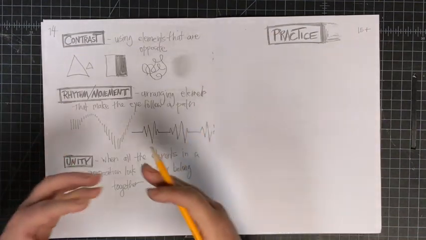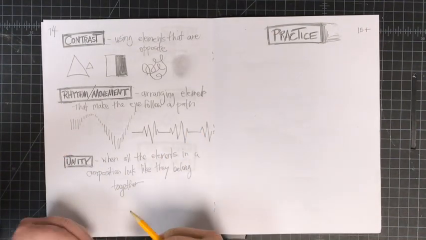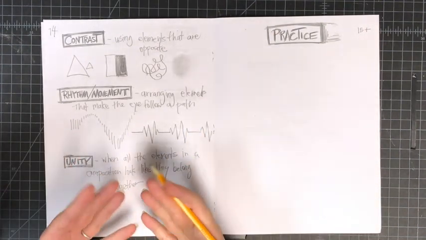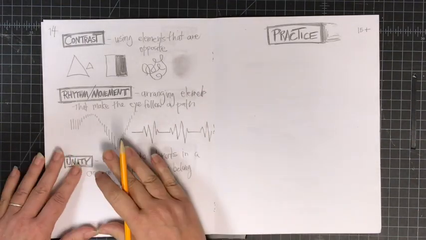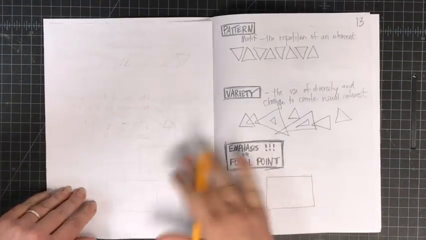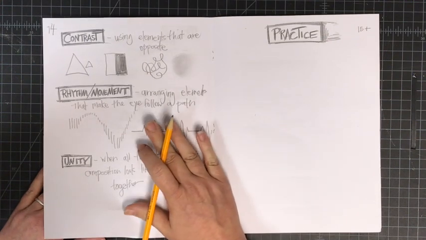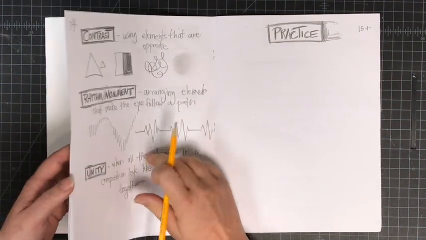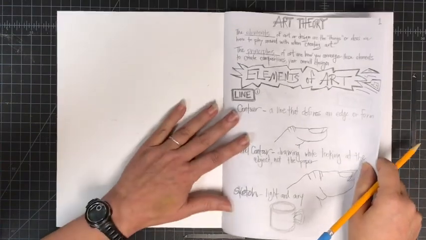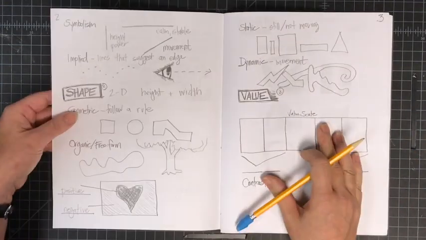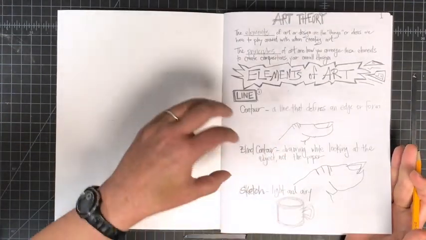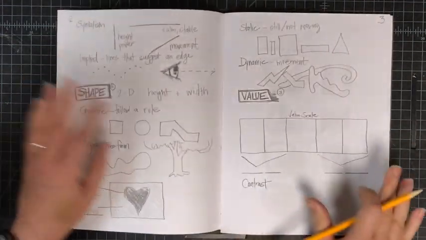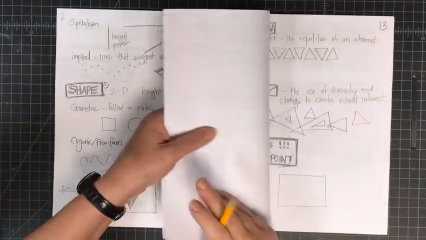It's when your artwork looks complete. It has unity. Nothing looks out of place. Okay, so that's it as far as principles. We'll do more elements as we start different projects, but this project that we're about to start really focuses on line, shape, and pattern.